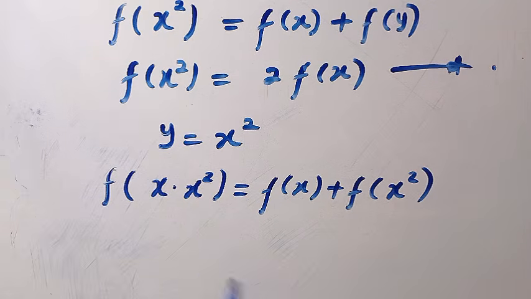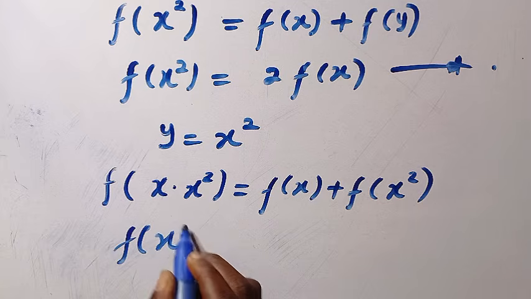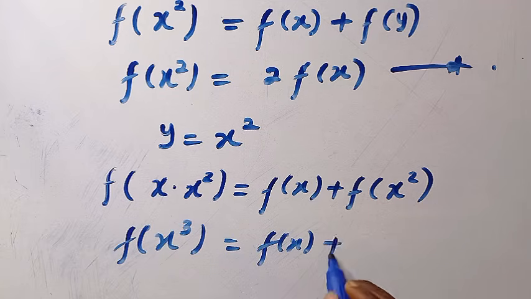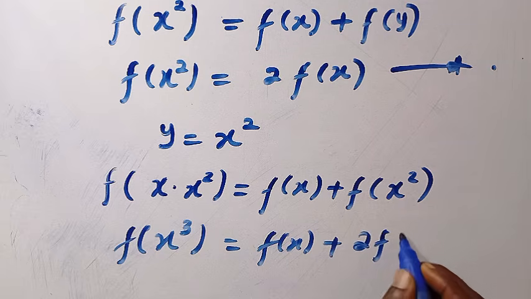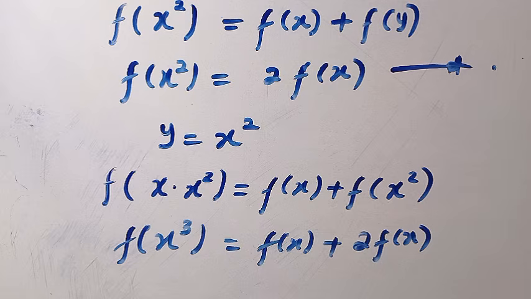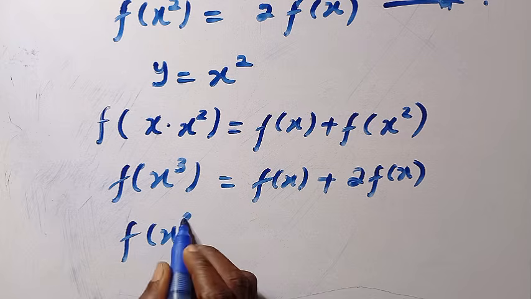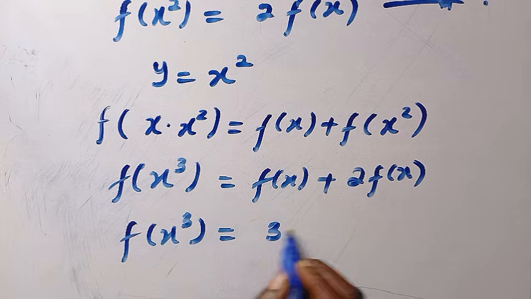So this is f of x cubed equals f of x plus f of x squared, which is given as 2 f of x. Adding f of x plus 2 f of x, we have f of x cubed equals 3 f of x.